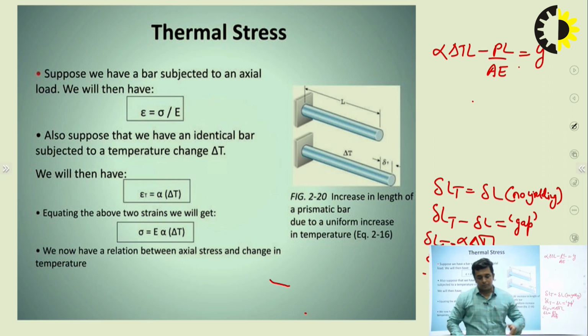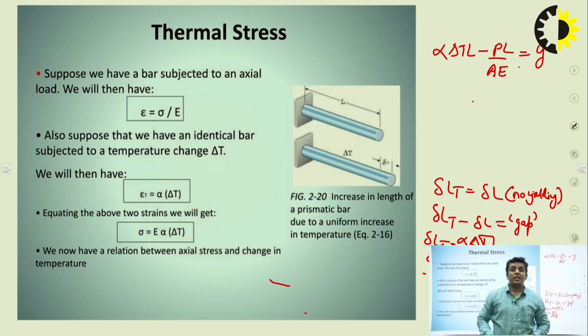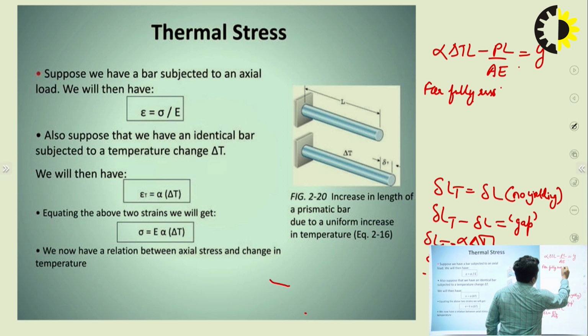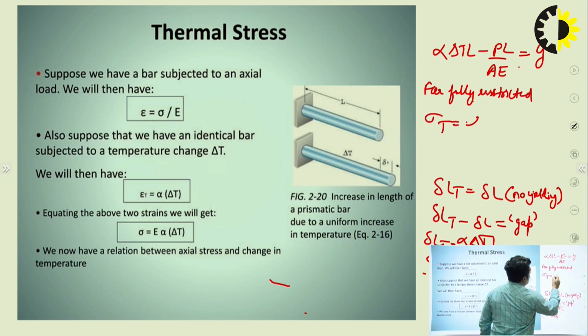This is the gap. So we can say, for fully restricted, sigma T will be equal to alpha delta TE.